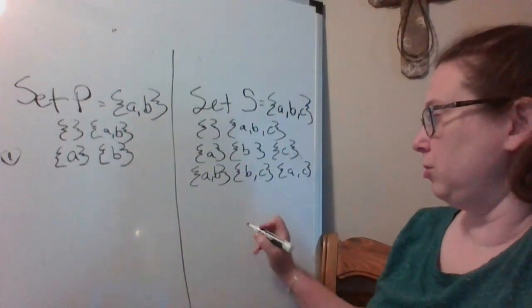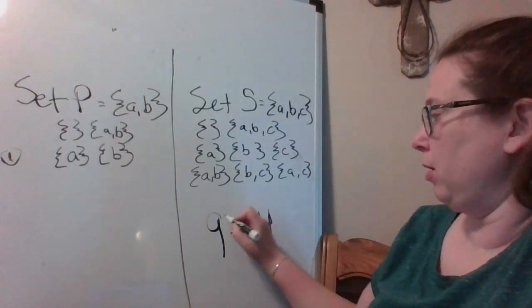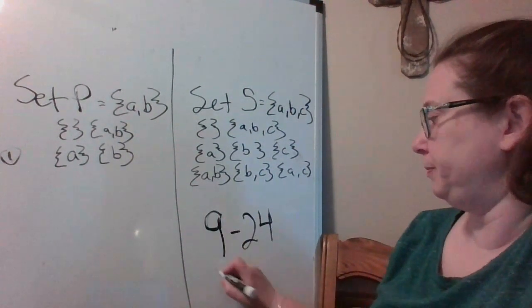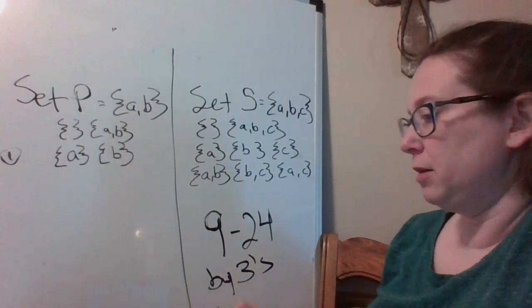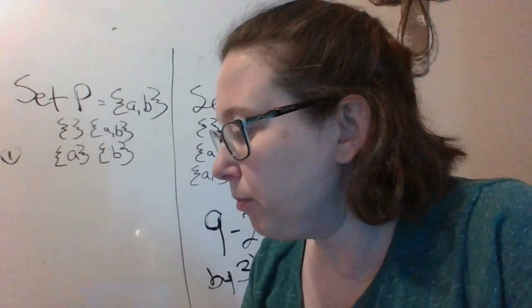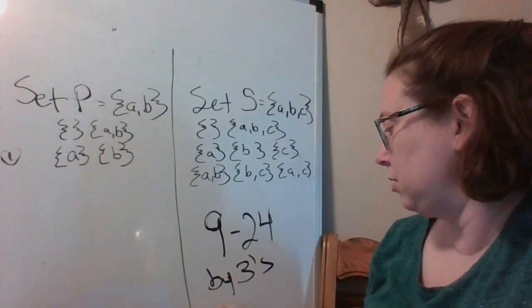So you are doing 9 to 24 by 3s. And that is on pages 213 to 214.